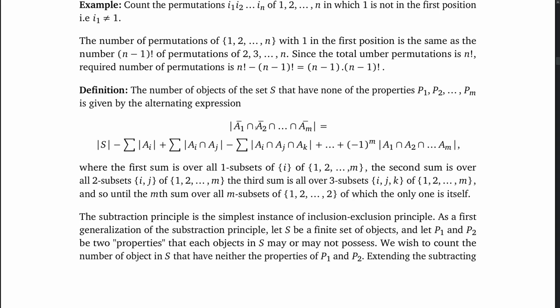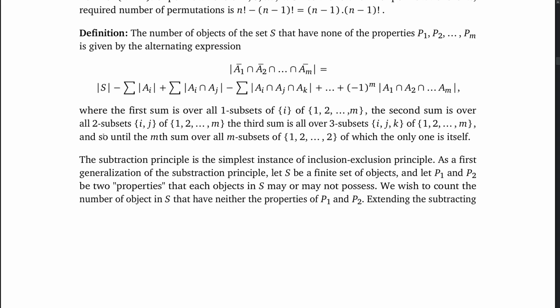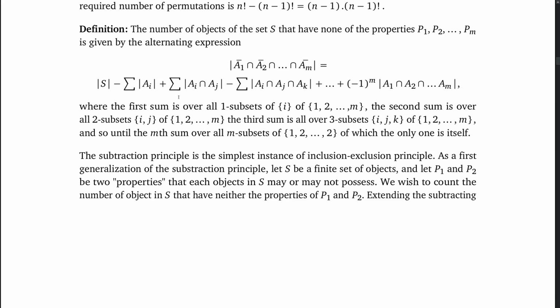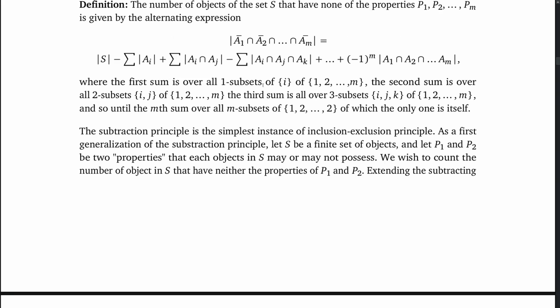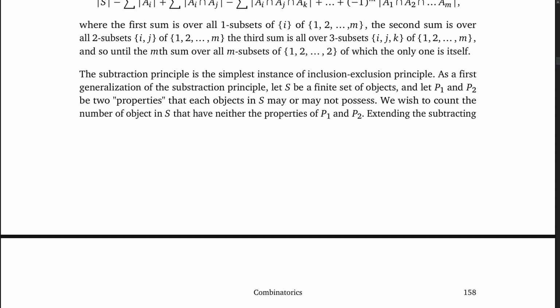Size of A1 complement intersection A2 complement through Am complement is given by size of S minus sigma size of Ai plus sigma size of intersection of Ai and Aj minus sigma size of intersection of Ai, Aj and Ak, and so on, where the first sum is over one-subsets of 1 through m, the second sum is over two-subsets of 1 through m, the third is over three-subsets, and so on. The subtraction principle is the simplest instance of the inclusion-exclusion principle.